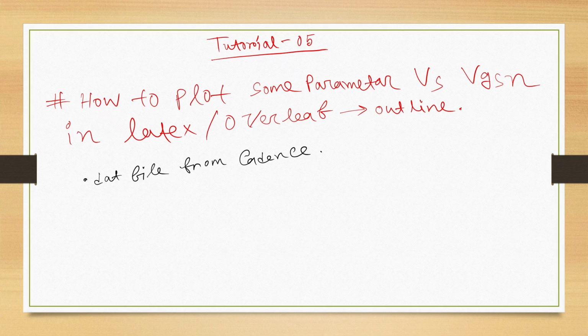The corresponding data of the .dat file we plotted with VGS. The x-axis will be VGS of n, where N means NMOS, and the y-axis will be my parameters.